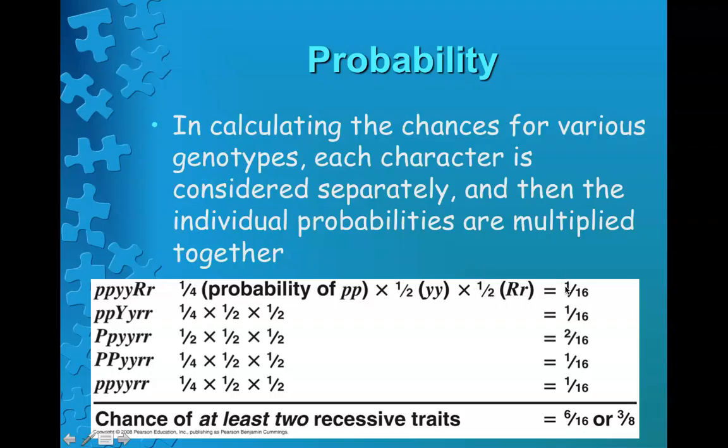So it gives me multiplication of 1/16. It could also look like this, another 1/16, and so on and so forth. Add these all up, and that gives me 6/16 or 3/8 of the possibility that from these particular situations, I can get an organism with at least 2 recessive traits from these 3 different characteristics, and I didn't have to do a giant Punnett square to figure it out.